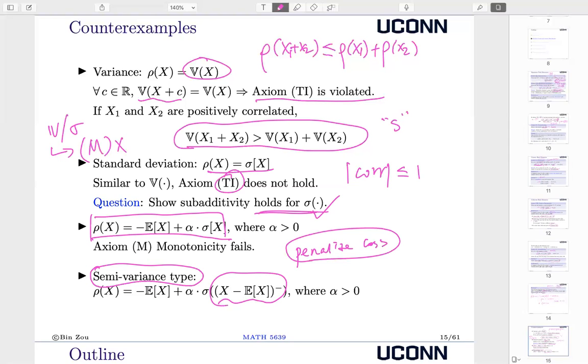You do not penalize gain. So in that sense, it's good. But of course, it's very complicated. It's highly nonlinear. It does not satisfy most of the axioms we propose, so we do not consider it here. Let me stop here for this video, and we will continue.